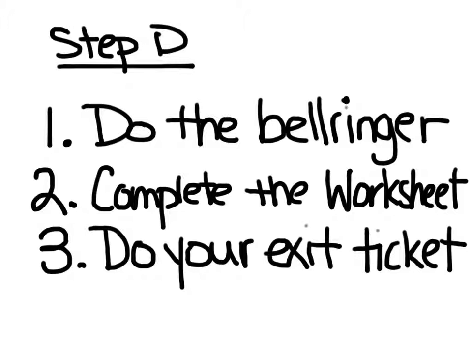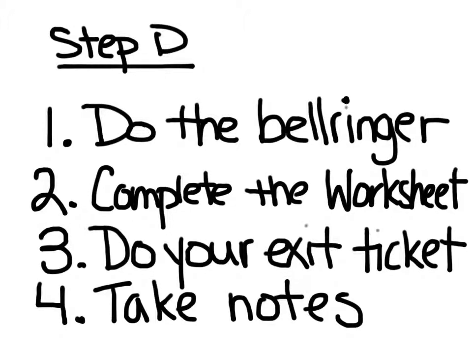Ready, pause. And now for the bonus. If you have extra time after your exit ticket, please take the following notes in your notebook. So pause the video, put your worksheet and exit tickets away, and take out your composition book. Ready, pause.